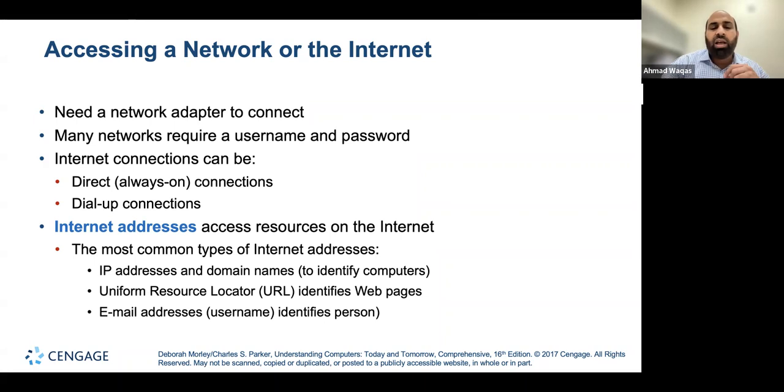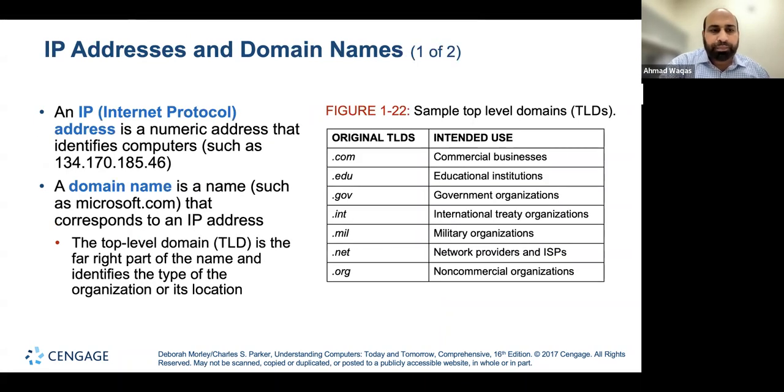IP addresses are used to identify computers, URLs are used to identify websites, and email addresses, or usernames, are used for humans or persons.